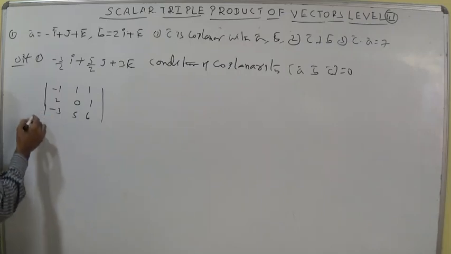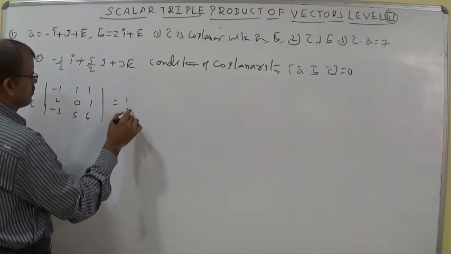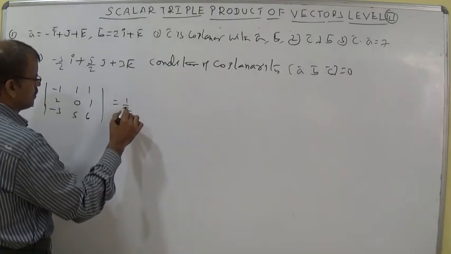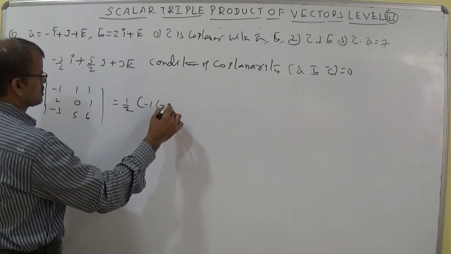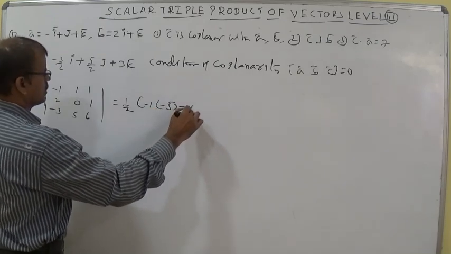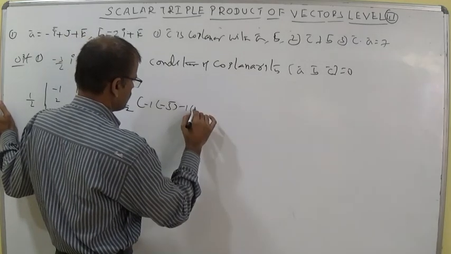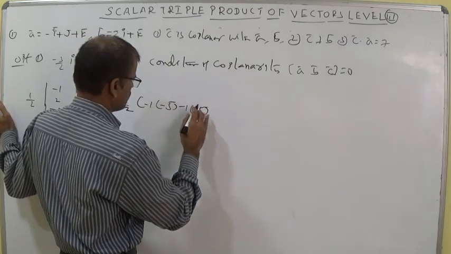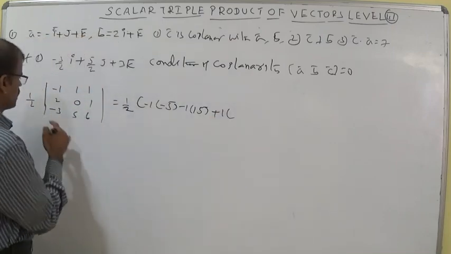Taking 1 by 2 common, that is equal to 1 by 2 into minus 1 into minus 5, minus 1 into 12 plus 3, this is 15, next plus 1 into 10.